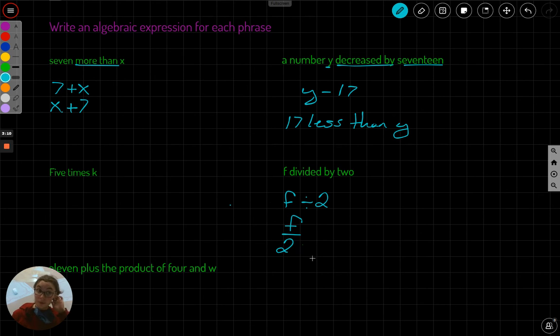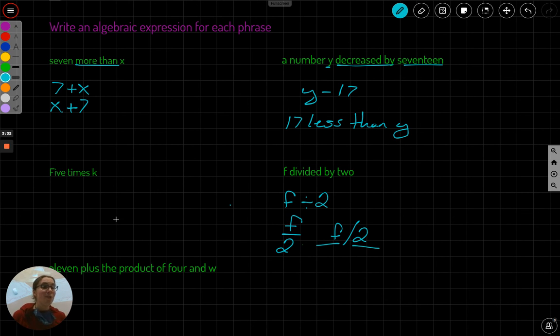On a computer, this is going to look like F slash 2. When you use the backslash, which is the key that shares with the question mark right next to the right-hand shift, that means fraction. We've been using that since fractions. Now it means division. It's going to be whatever's to the left of it divided by whatever's to the right of it.